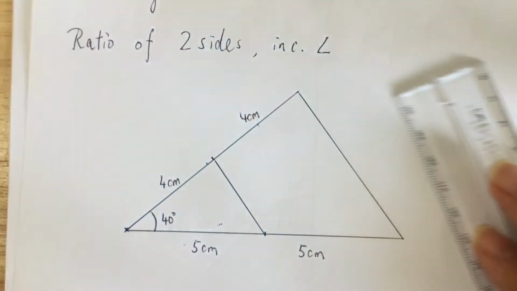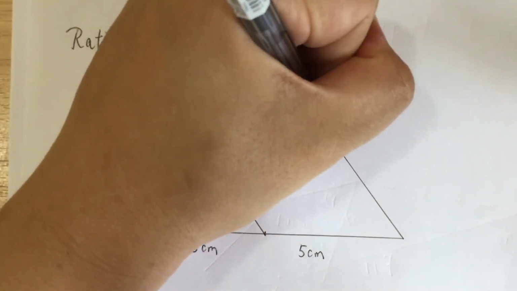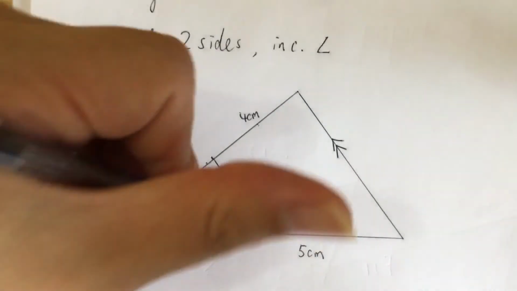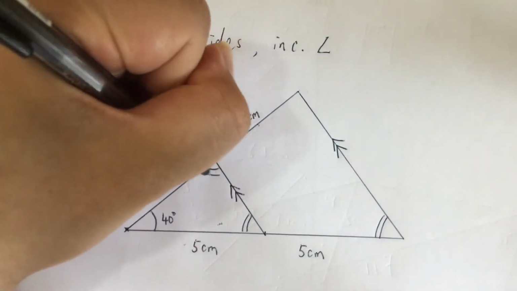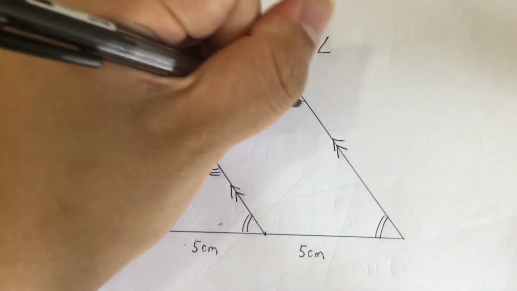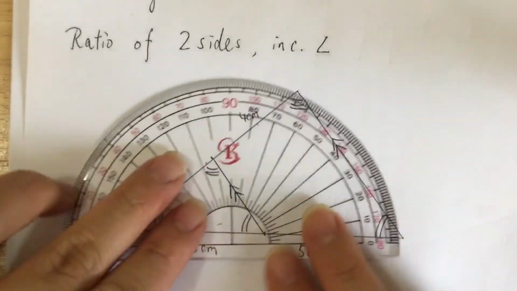So you can see these two lines are obviously parallel. So because they are parallel, I know that these two angles are equal. These two angles are equal. Even if you don't trust me, you can measure it by the protractor.